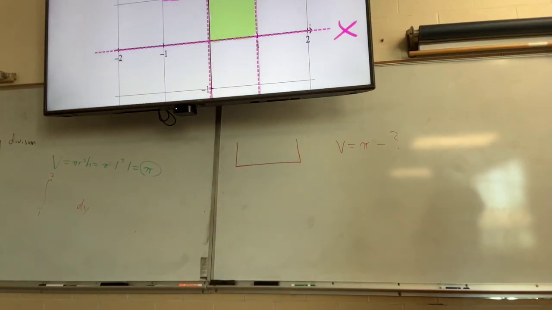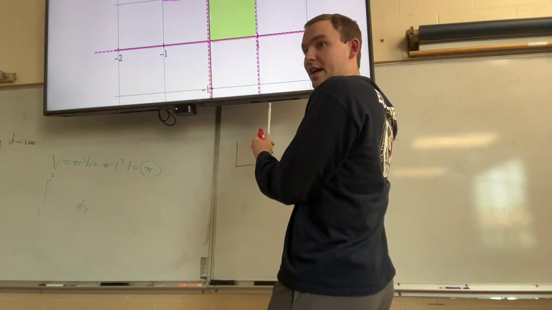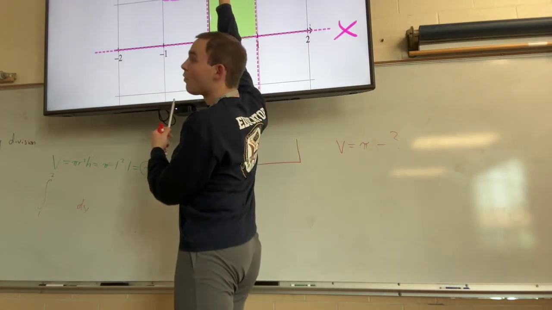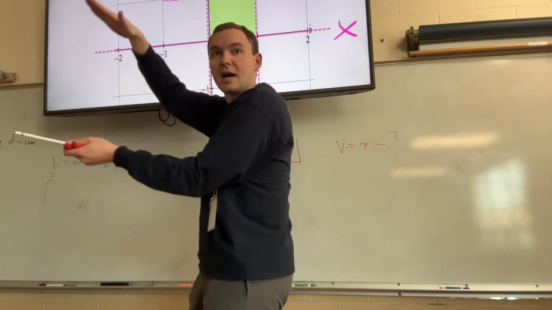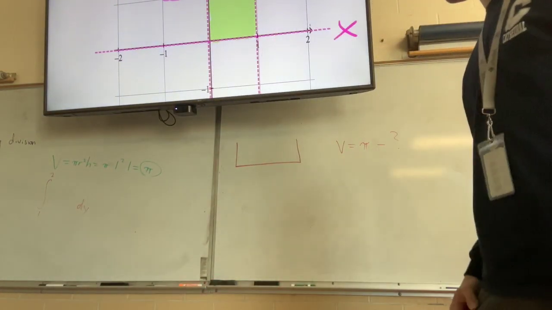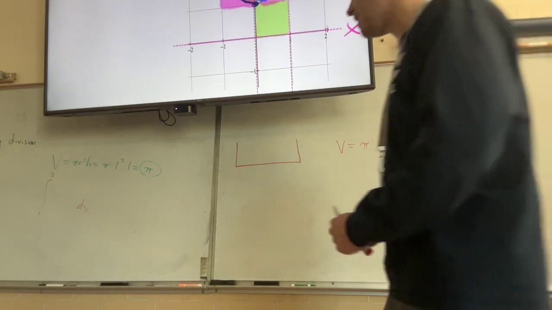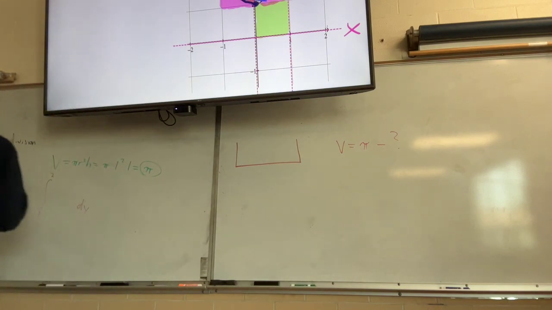When the circles are stacked side by side, I integrate in the x direction, but I've got to integrate in the y direction because the circles are stacked on top of each other. So what's my function going to be that I'm going to integrate? I need it to be a function of y. So this is the line y equals x squared plus 1.